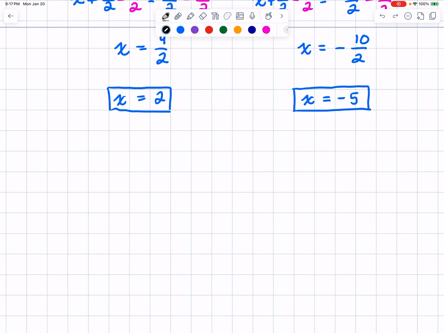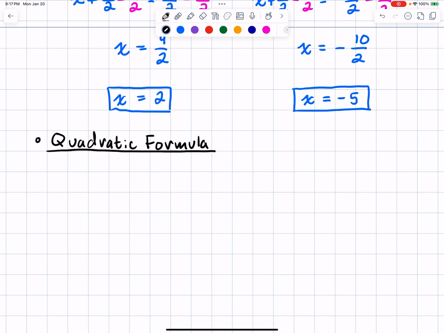And completing the square works on every single quadratic equation. Something else that works on every single quadratic equation is the quadratic formula. The quadratic formula is found via completing the square, which is why both of them always work.